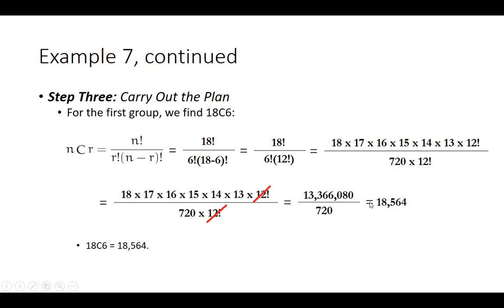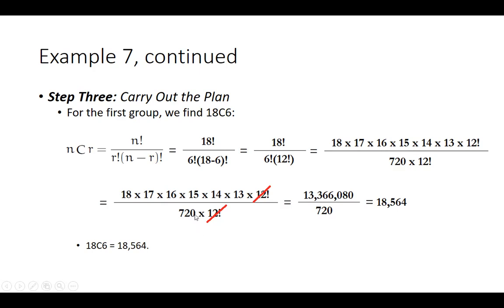That's 18,564. So in the first step of carrying out our plan, 18 choose 6, 18 combination 6, or 18C6, however you want to say that, you can put that directly into your calculator's choose function and get the 18,564 directly that way without having to do any of the intermediate calculation.